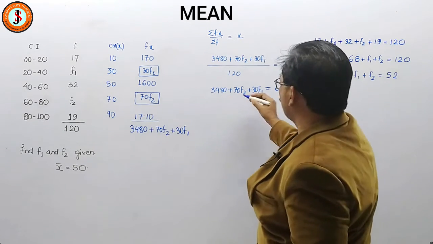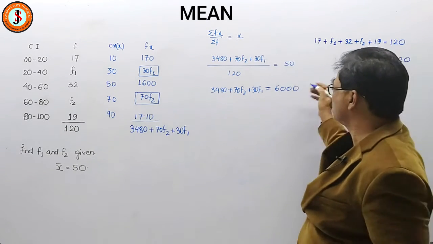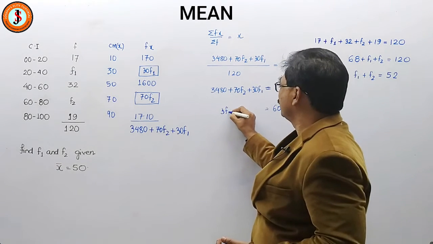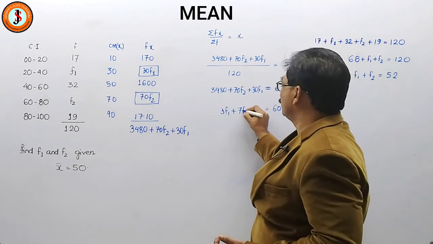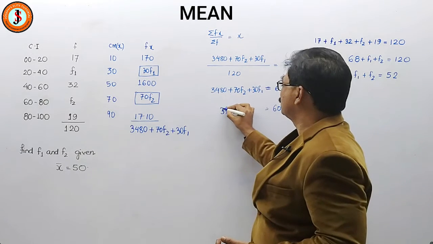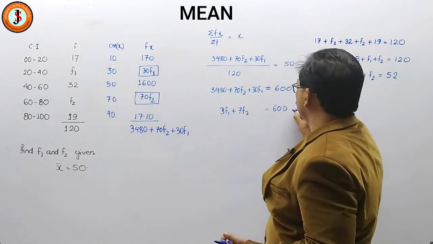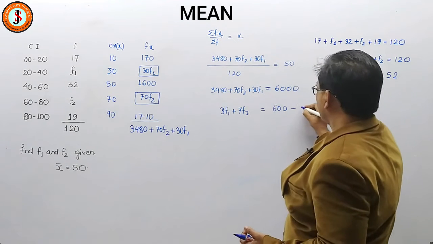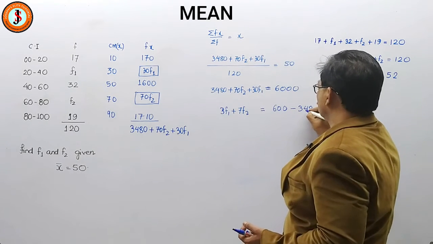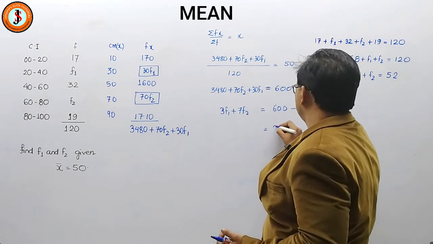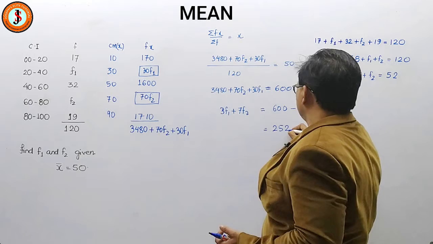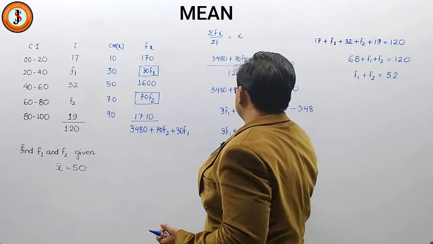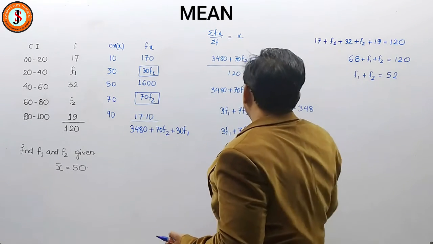So I take 10 common from everything, so this will be 600. This is 3 F1 plus 7 F2, and this is 348 because I have to remove the 0, so minus 348, so that is around 252 if I'm right? Yes, 252. So 3 F1 plus 7 F2 is equal to 252.